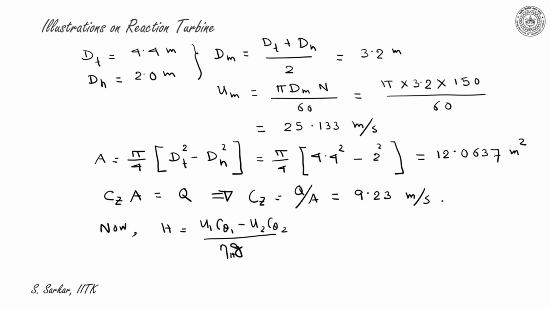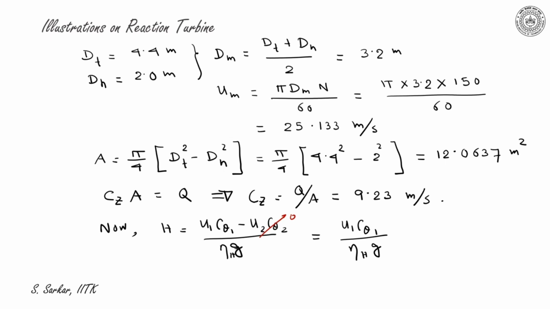Now from this expression one can write C theta 1 as eta H g into H, value of H is given as 20 meter, divided by U1.